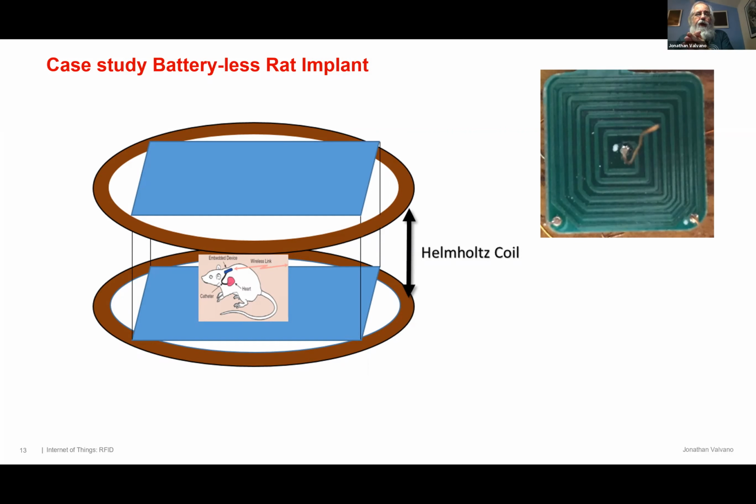What's here is the reader coil. It wasn't one coil but two coils, because I mentioned this way back on the first slide, by the way, and that is an embedded medical device for heart function.